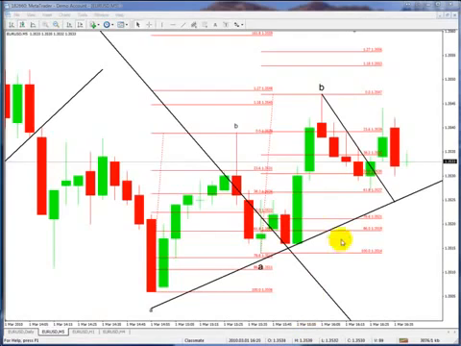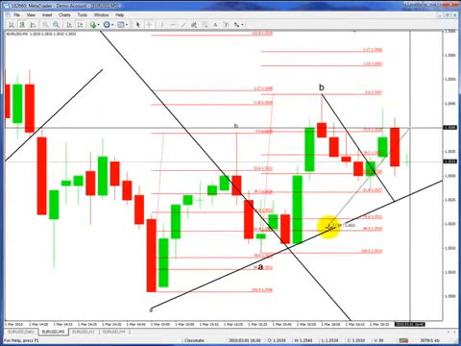Okay then, let's take a quick look at where we are now. Had this not been in the fundamental announcement, then this would have been your full body candle above the trend line. So this candle would have been the trading candle. You'd have opened right here. Now, that would have meant that if you'd opened here, you'd have had a stop below the A, which would have been around about 28 pips or so, with a potential of about 18 pips maximum.